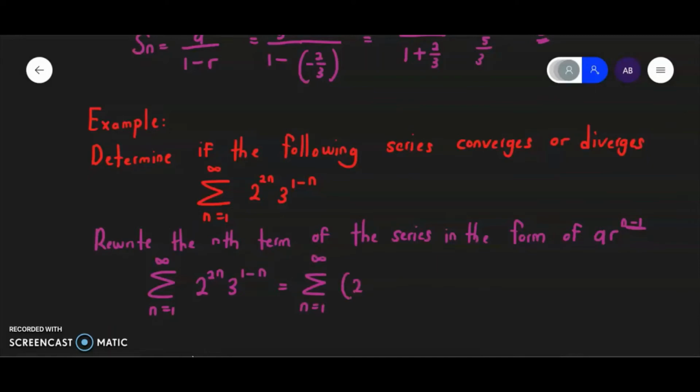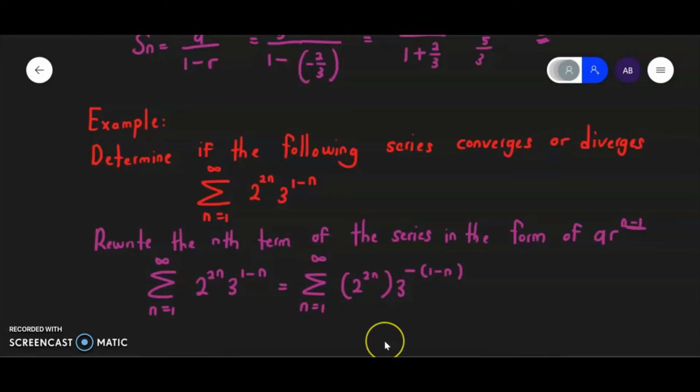So I'm going to bracket this term here. Now what happens if I want to write n minus 1? I need to add a negative sign, right? So 3 to the negative of 1 minus n. Okay, you shouldn't just add a negative here, so you've got to factor it out.